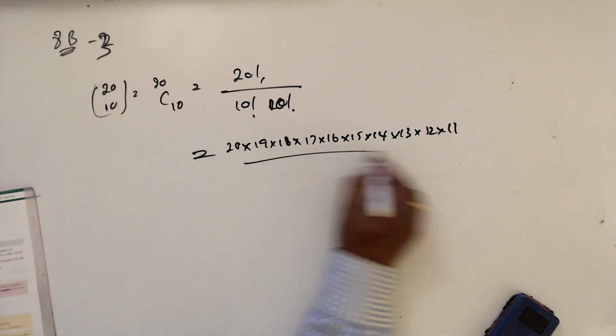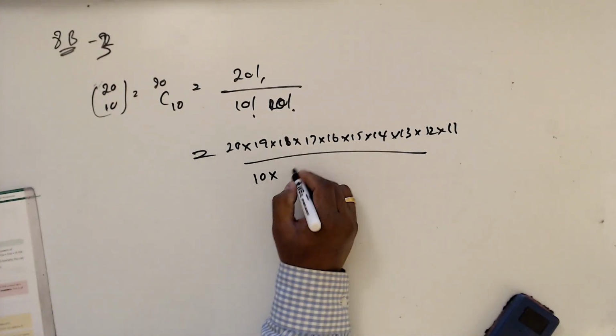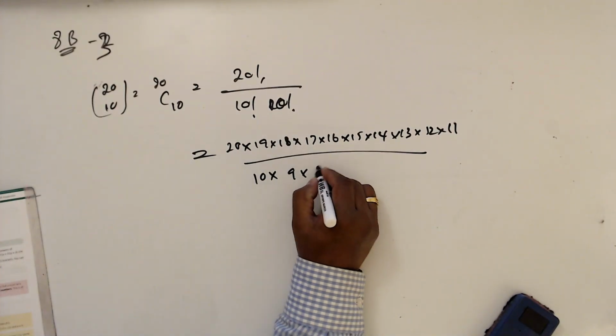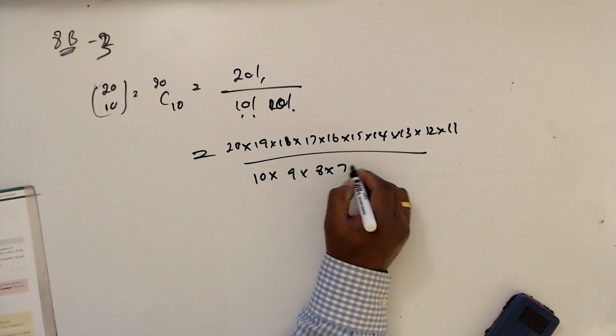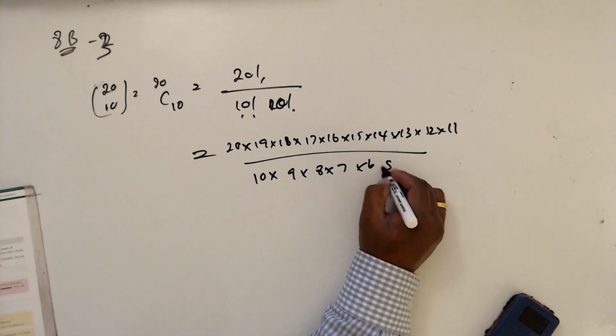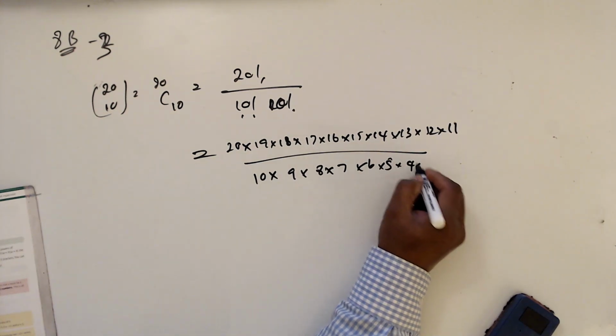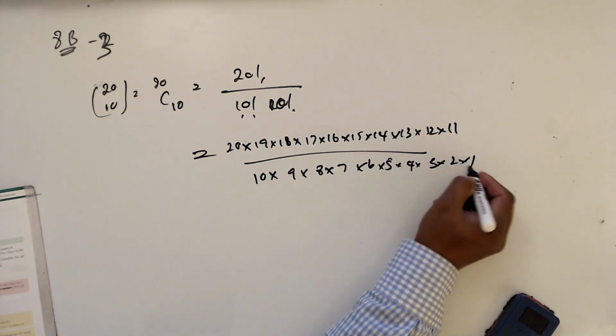After 10 we cancel out. 10, 9, 8, this 10, 8, 7, 6, 5, 4, 3, 2, 1.